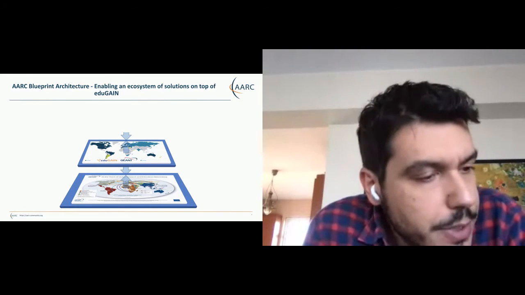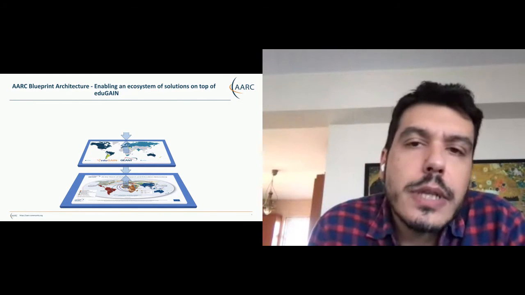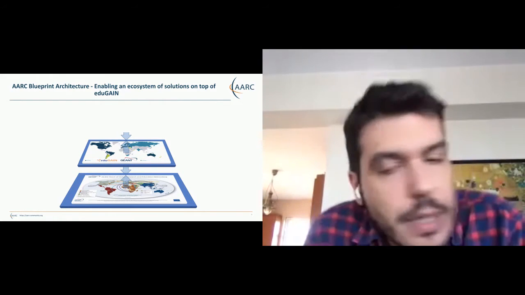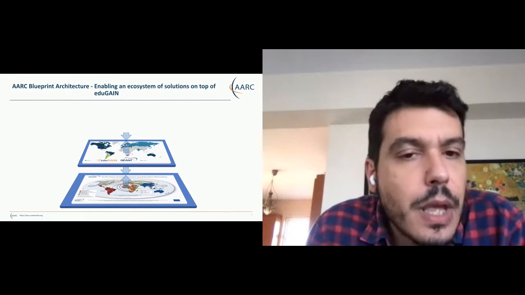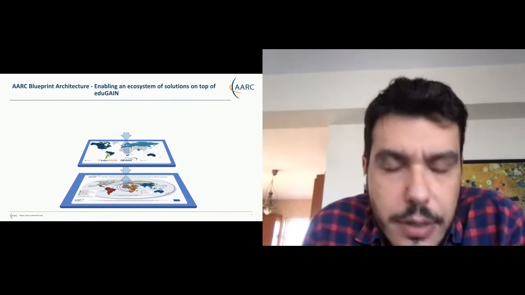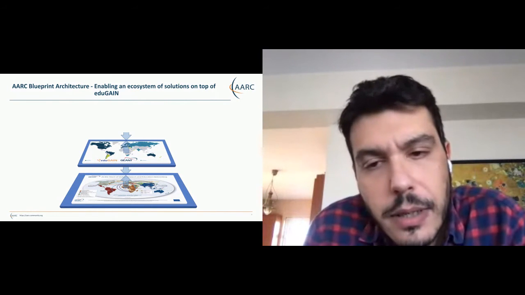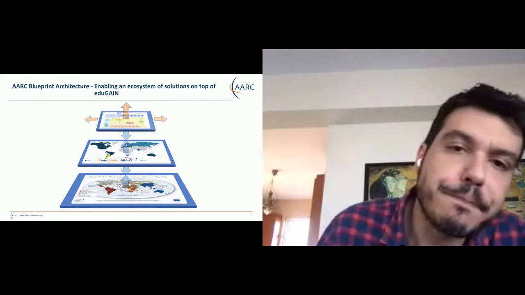So to support this, the research collaborations need an authentication and authorization infrastructure that allows researchers to easily access all the resources they need. And towards this direction, ARC devised an approach to building such an architecture, and this is the ARC blueprint architecture, or BPA.